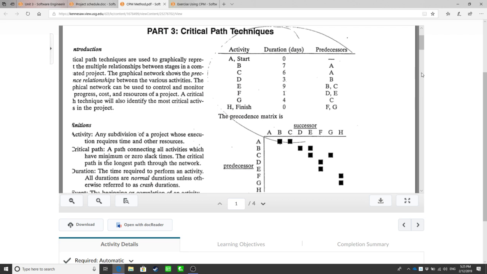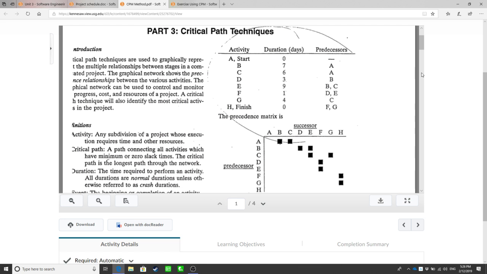We need to monitor the progress of the project. We need to monitor the cost, and we assign the resources to a project. For all of this, we need a correct scheduling tool to help us. So the critical path method is one of these, and an important one.